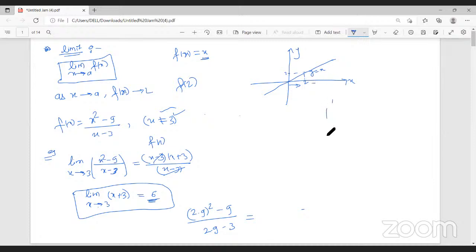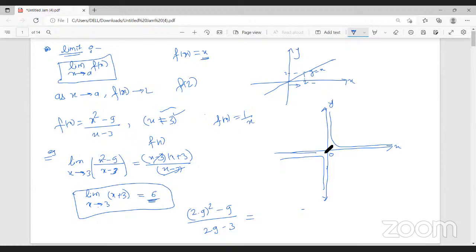Okay, say for example, I am drawing one graph. This is a graph of 1 by x, so my function is 1 by x here. See, at this particular point, at 0, my function is not defined, right?